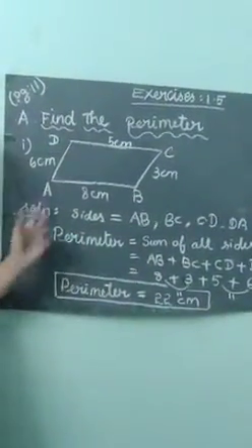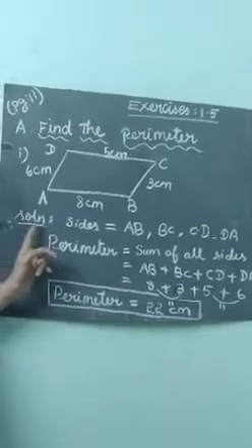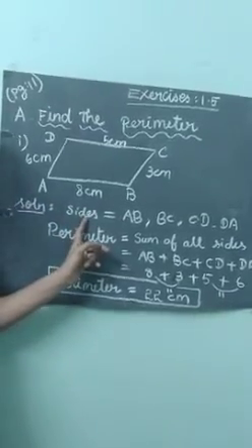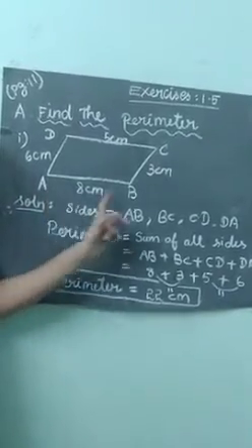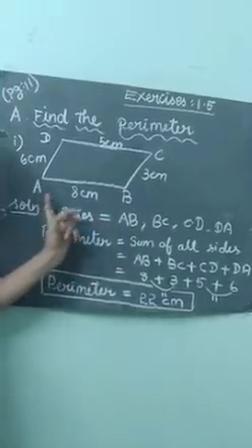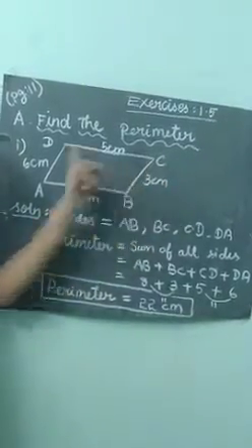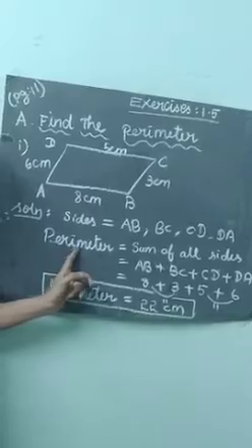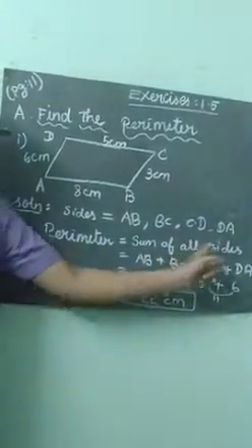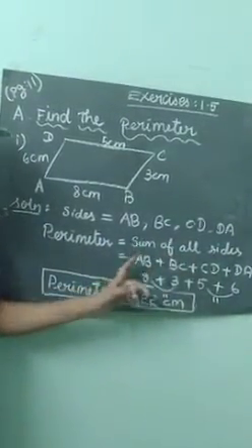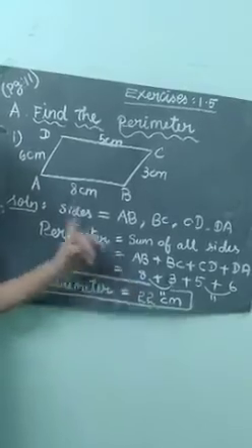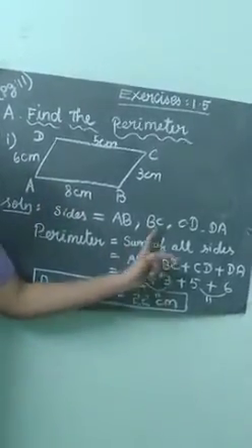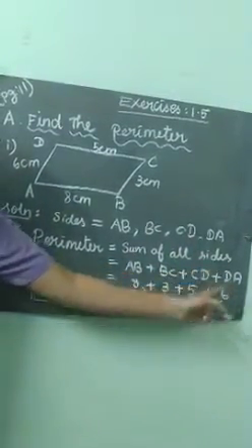I once again explaining. This is the question. Put the solution. First you want to write the sides. AB, BC, CD, DA. Then after perimeter equal to sum of all sides. Then equal to AB plus BC, CD, DA.